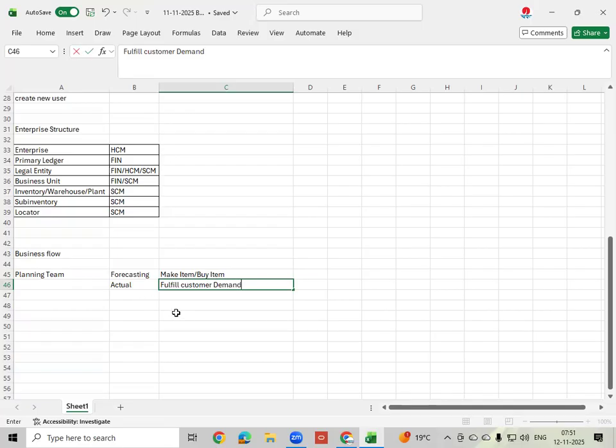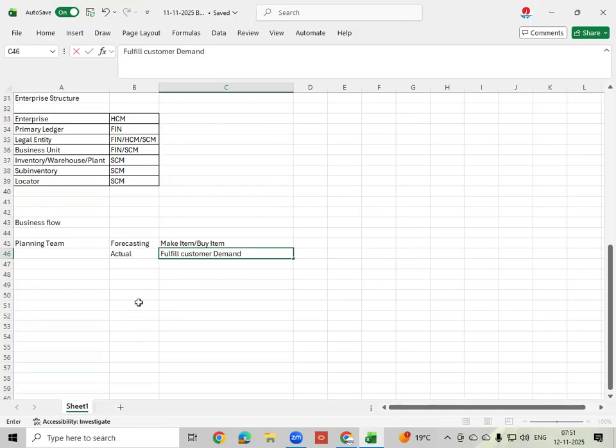Right. Now, this cycle of fulfilling customer demand, what is the cycle name? It's order to cash. Order to cash cycle. Basically, this application works on business cycles only.